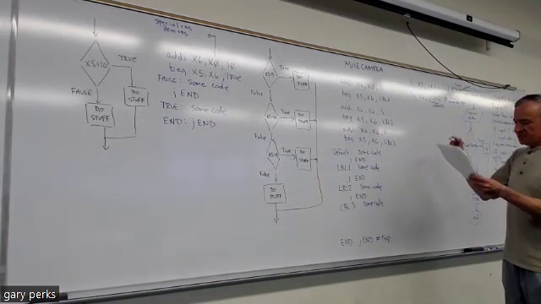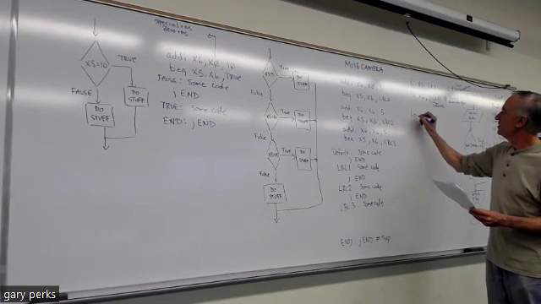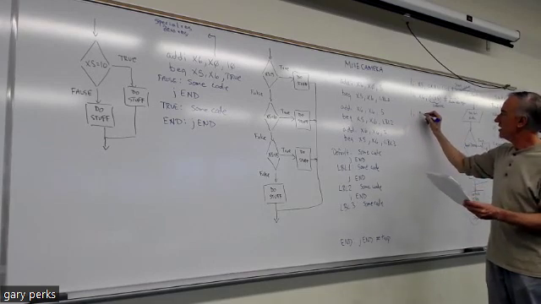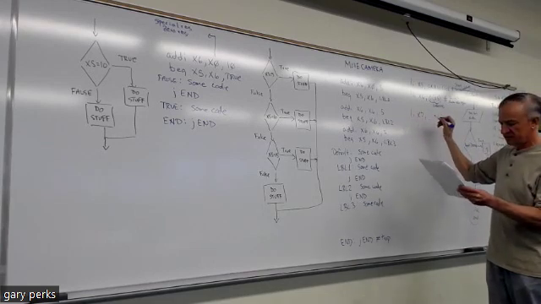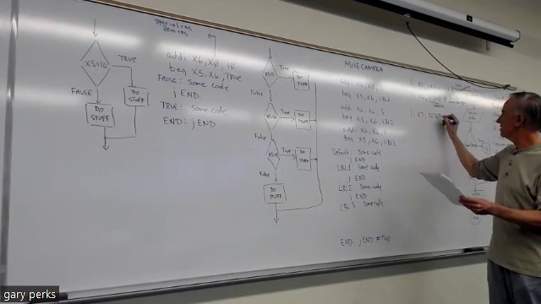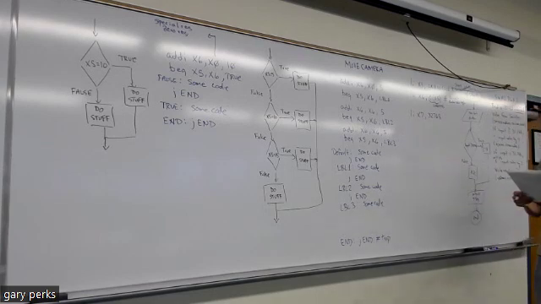All right, so what I did next here is I did an LI and put that number, 32,768, into register 7. Then we're going to do the comparison.